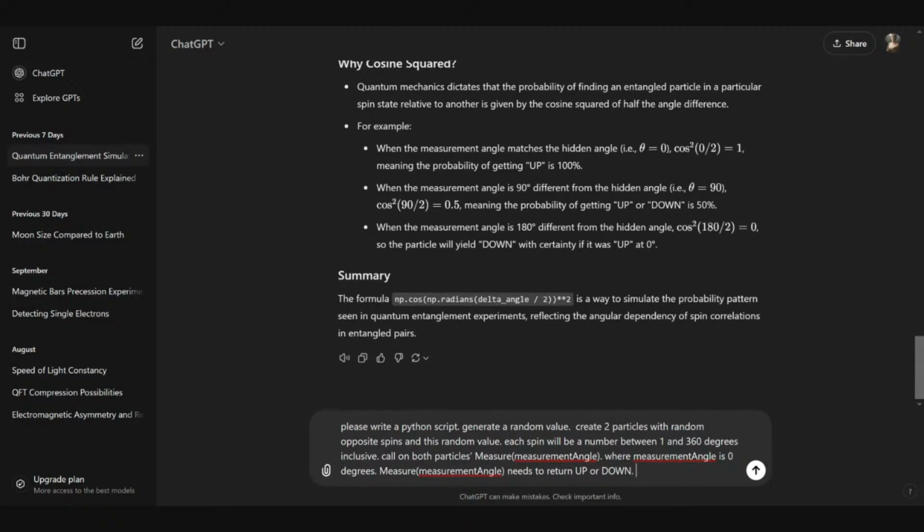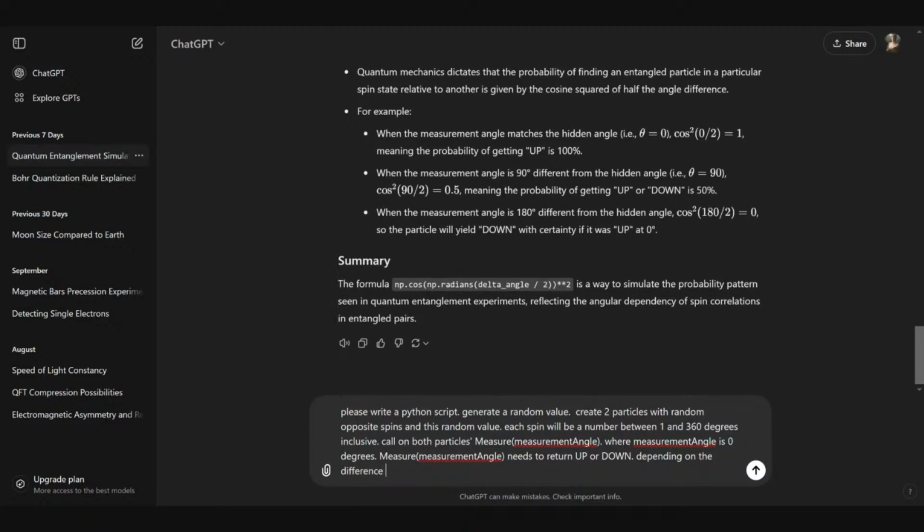To return up or down, depending on the difference between its particle's spin direction and the measurement angle.